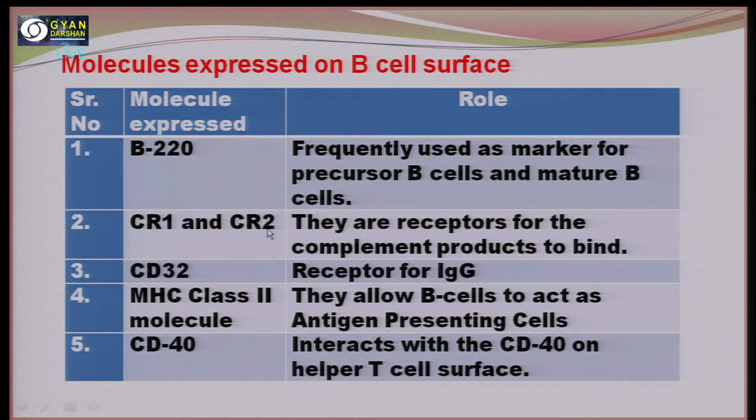CR1 and CR2 are receptors for complement products. CD32 is a receptor for IgG. MHC class II molecules are very important, allowing the B cell to act as an antigen presenting cell. And CD40 interacts with CD40 ligand on the T helper cell surface. These are the various molecules expressed on the surface of B cells.